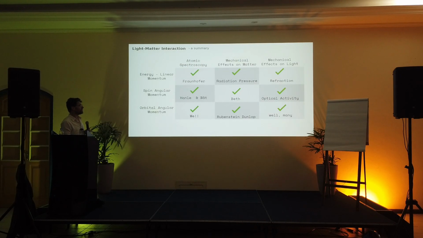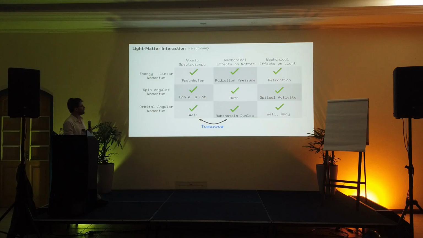Good. So in the end, this was there all the time. We always did this, it was there since the beginning, but we didn't realize it. And as I said, we will study a little bit of the interplay between these two things with atoms tomorrow.